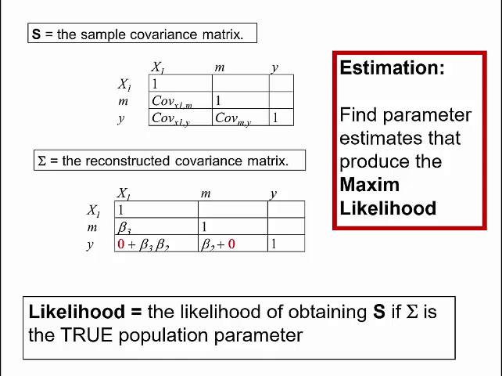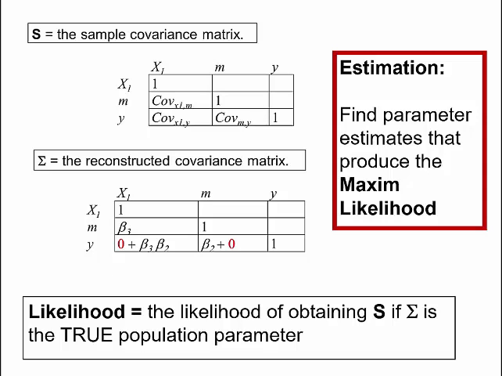The formulas that I gave you for calculating intercept and slope, if you plug those in, will produce equations that minimize the sum of the squared error. In contrast, when we do structural equation modeling, we want to identify parameter estimates that will maximize a likelihood value. We want to calculate beta weights and other parameter estimates that will produce the highest possible maximum likelihood value.